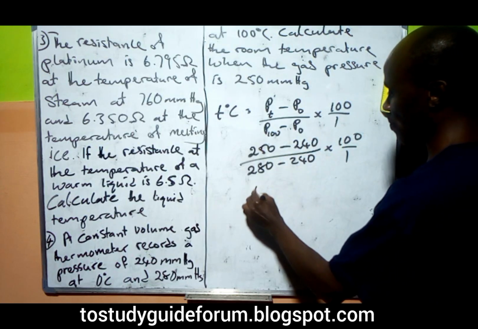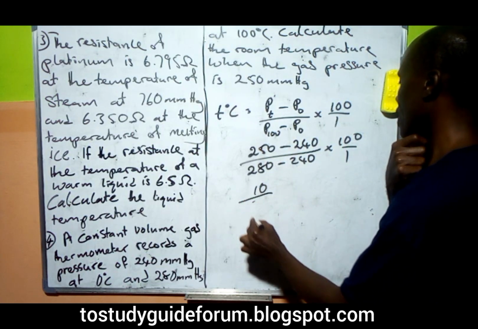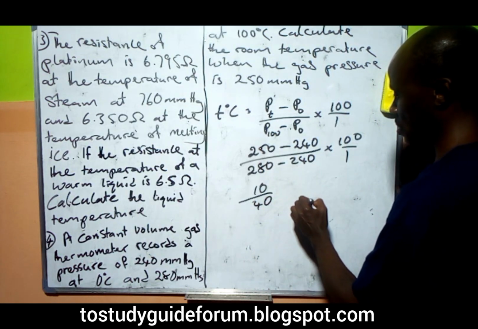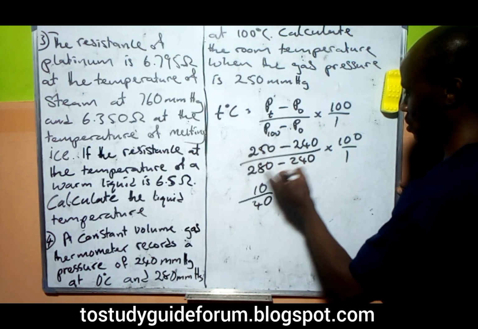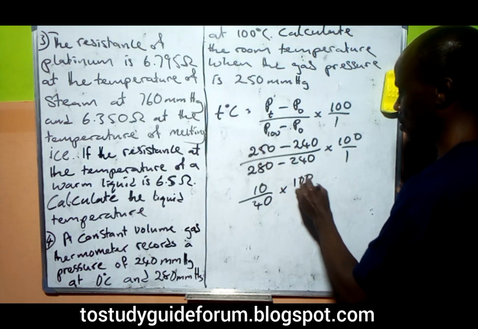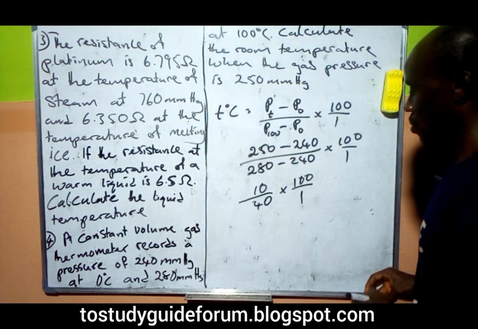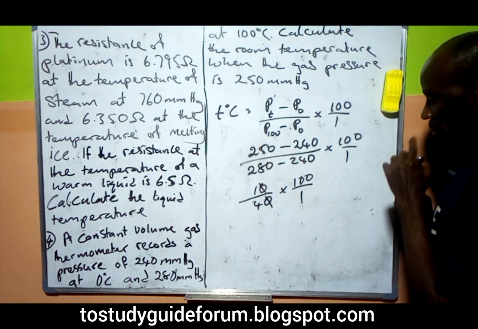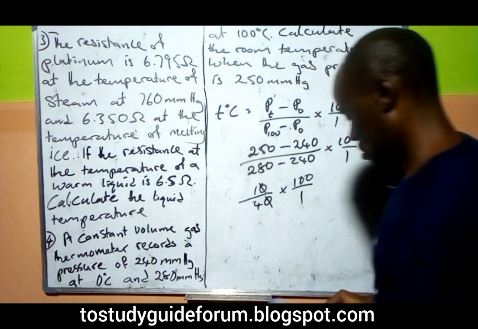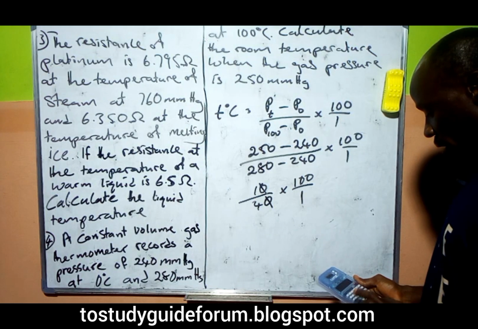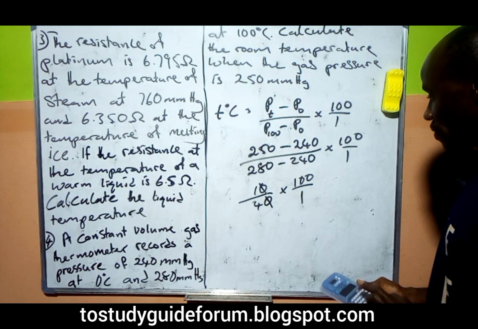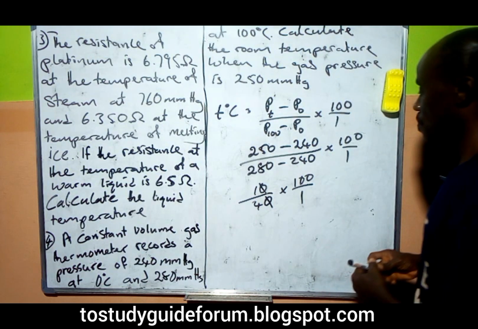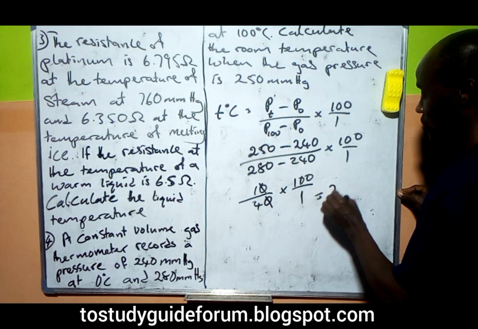This will be 10 all over 40. Then if we cancel out, let me use the calculator, please. 10 times 100 divided by 40. That will give us 25 degrees Celsius.